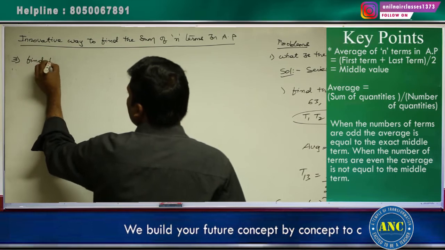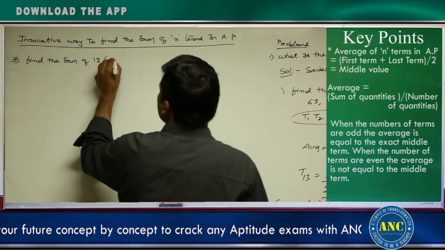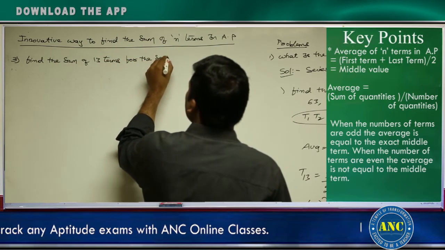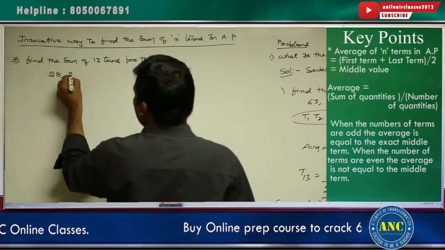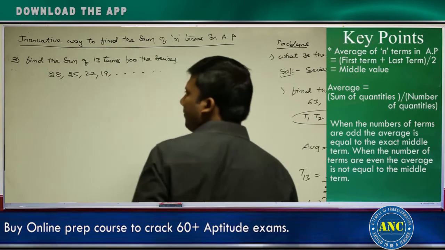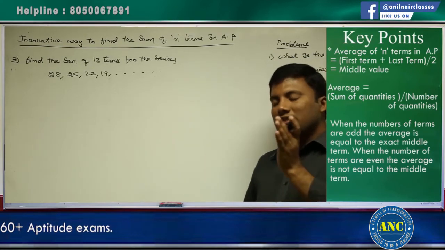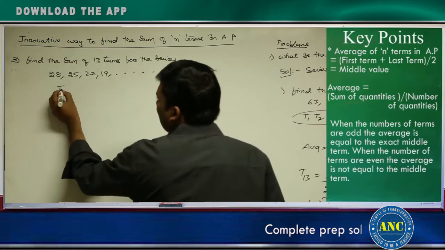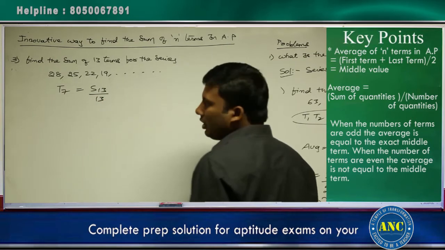Find the sum of 13 terms for the series 28, 25, 22, 19 and so on. Tell me, 13 terms means 6 to the left, 6 to the right. So this is nothing but T7 equivalent to S13 by 13.